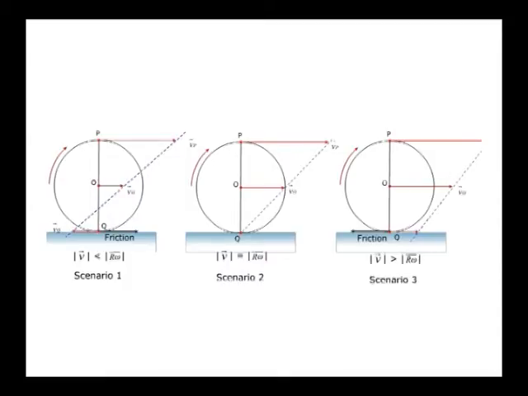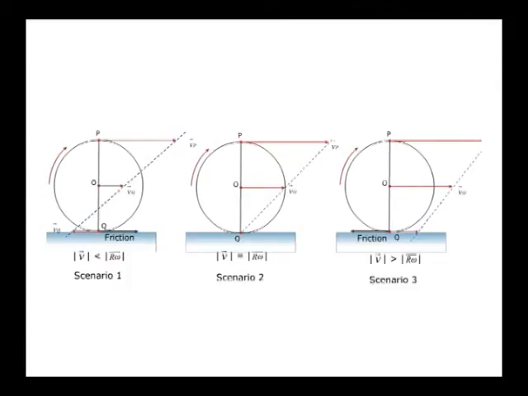The point Q in these two scenarios has a finite linear velocity parallel to the surface. This causes Q to slide on the surface, which, of course, produces sliding friction.